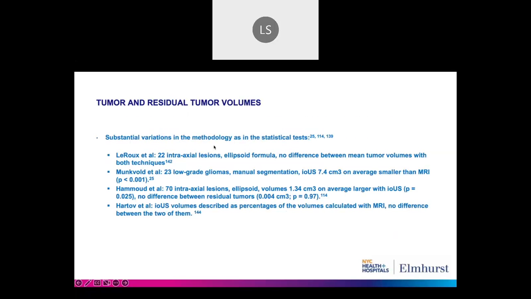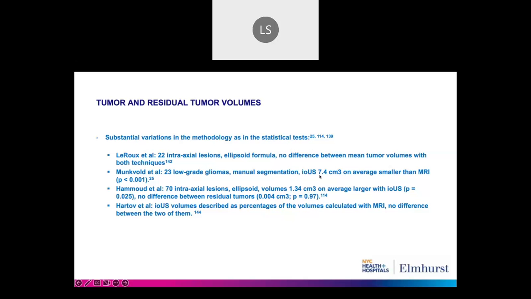And what I found is that there are very significant variations in the literature, both in the methodology they use to measure the lesions and in the statistical tests they use. Some said there was a difference between the mean tumor volumes with both techniques.